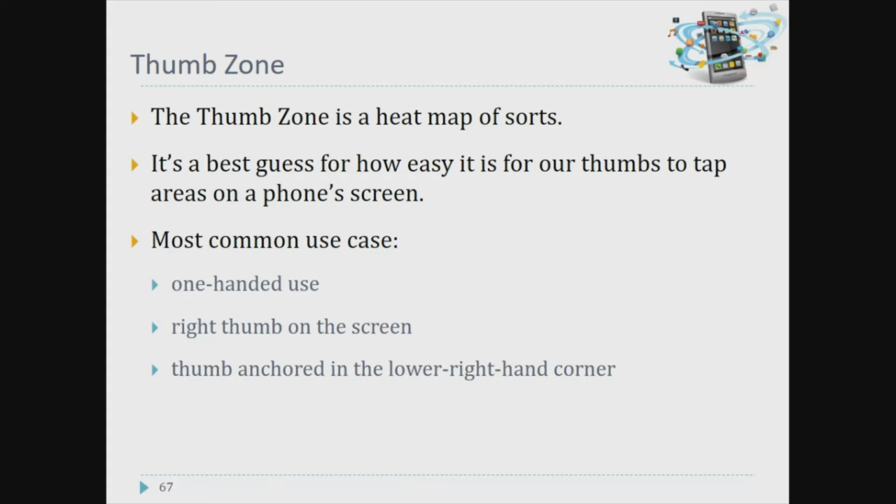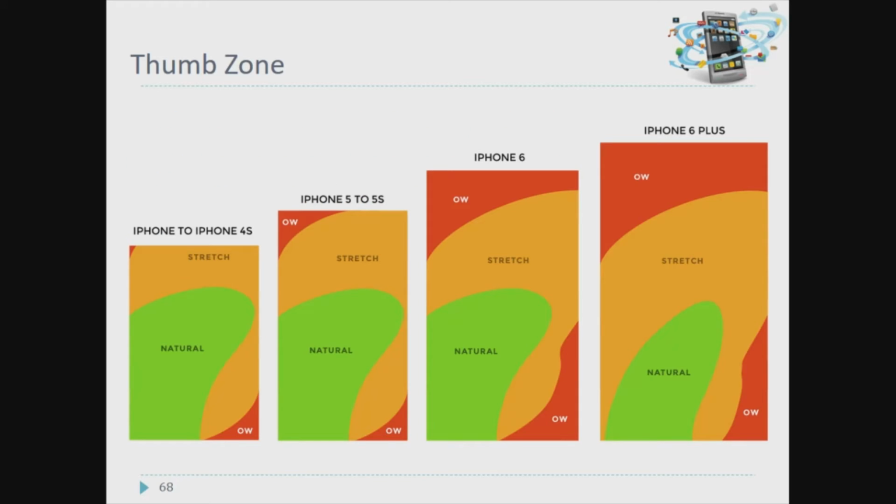The most common use case is one-handed use, right thumb on the screen, thumb anchored in the lower right-hand corner. This is based on the research that we made before. It may be different. Different people and different users have different habits and different ways of handling mobile devices. Okay, this one is the thumb zone.